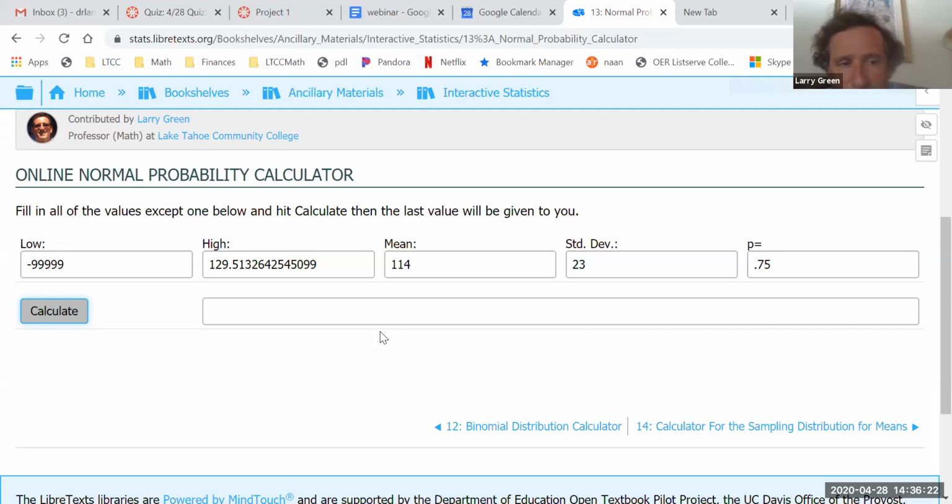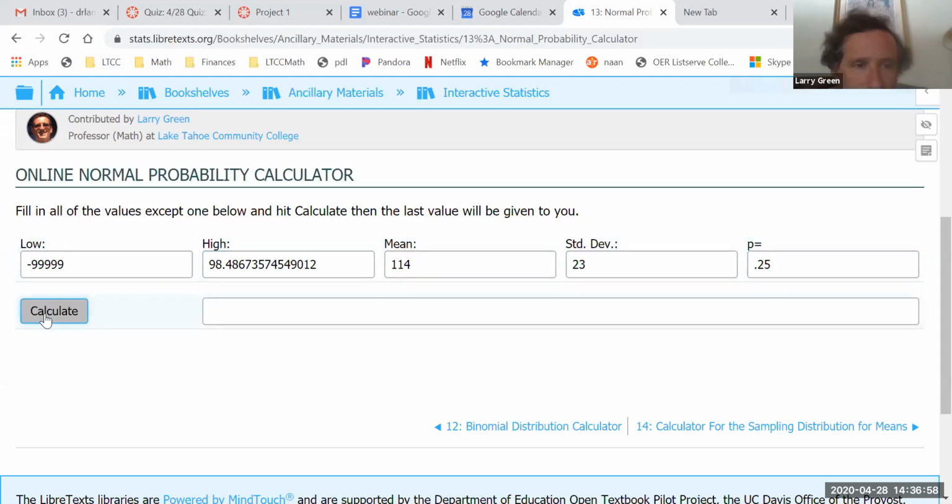The low doesn't change if it's the first quartile. What's the definition of the first quartile? That's a hint. Remember, the third quartile was the 75th percentile. Yeah, so what changes is instead of 0.75, I'm going to have 0.25. And the high is what I want because that is the first quartile if P is 0.25.